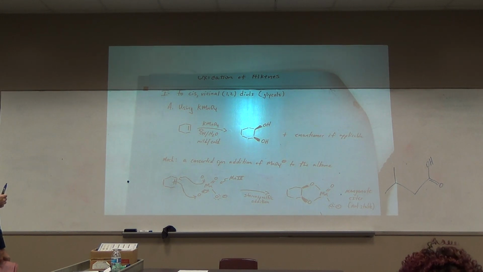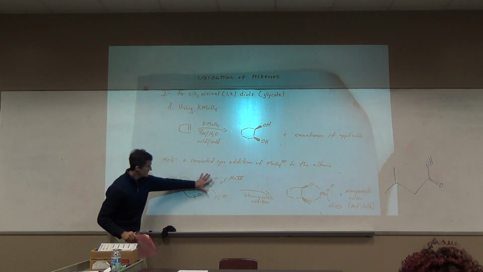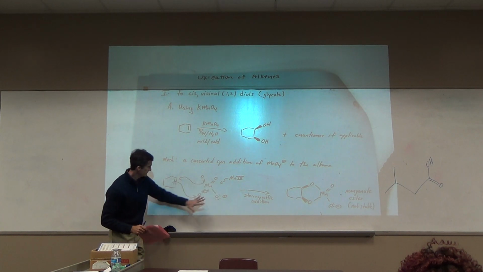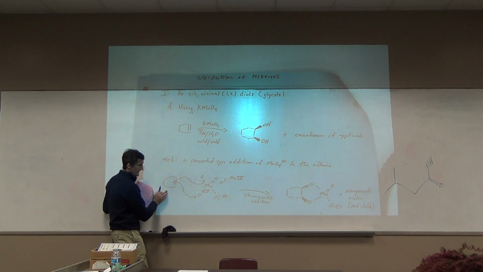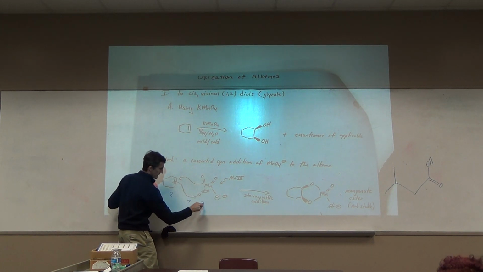I'm thinking the manganese probably gets reduced. All right. Mechanism. Let's see if it's reduced. Permanganate can have a structure like this. Okay. This is sort of like a Diels-Alder. It's a cycloaddition. It is a 2 plus 3.